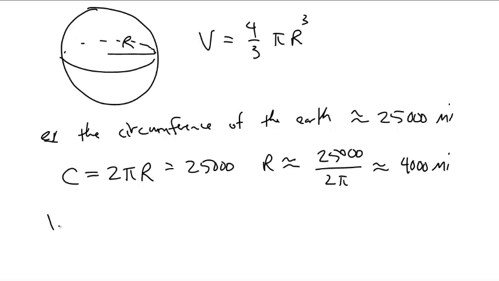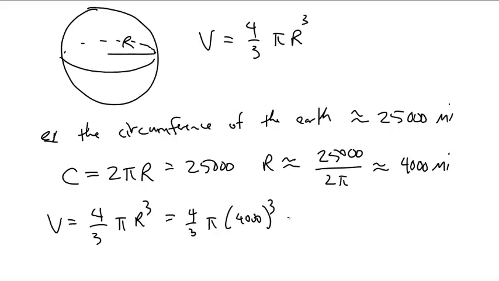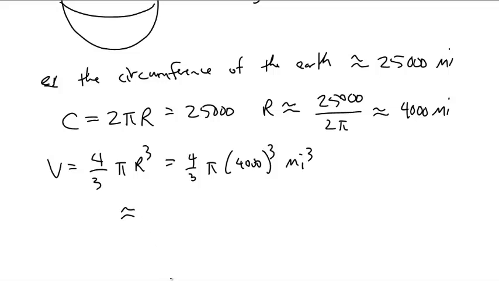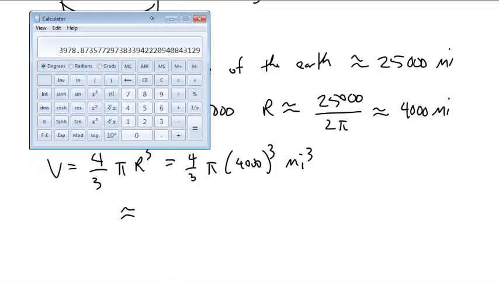And so the volume of the Earth, which is 4/3 pi r cubed, would be 4/3 pi times 4,000 cubed, and this will be in cubic miles. And that is approximately what? Let's do the 4,000 first, because you do your exponents first. 4,000 cubed is huge, times pi is crazy, times 4, divided by 3 equals.